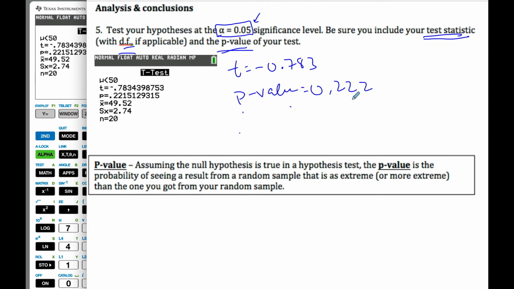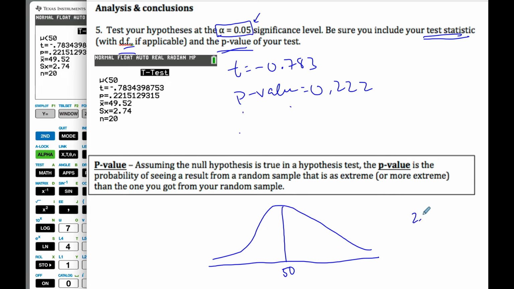Okay, and so what this is saying is, if I assume my null hypothesis is true, then I'm making a sampling distribution where my mean is 50. The standard deviation would be the 2.74 over the square root of 20, because that's using the central limit theorem.